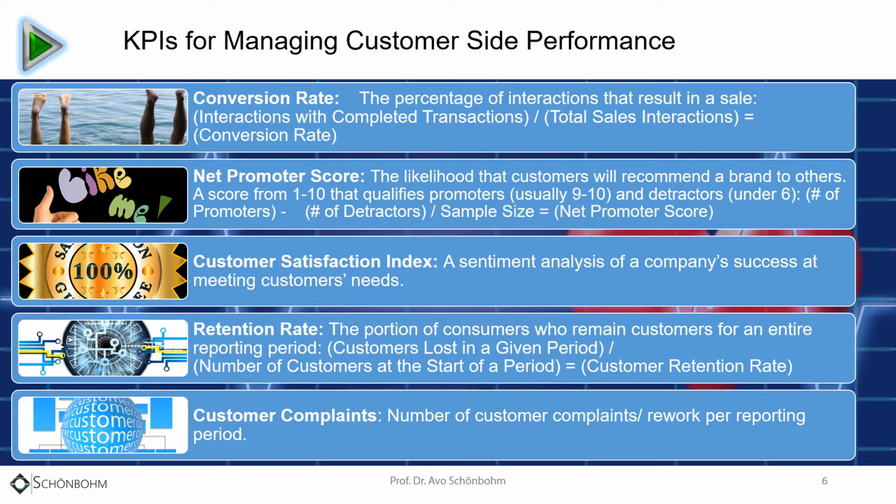So we come up with a score of 1 to 10 that qualifies promoters, usually the best 9 and 10, and detractors, which are under 6. And we take the number of promoters, subtract the number of detractors, divide by the sample size, and get a Net Promoter Score. This is possible for customers, but it's also possible for employees. Think about it.